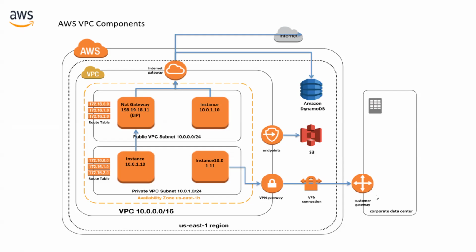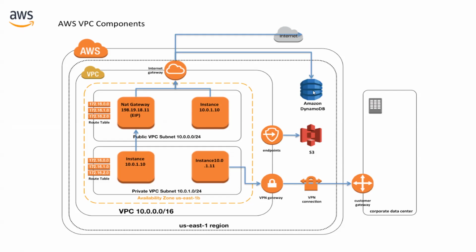There are some services like Amazon DynamoDB or S3. These are global services on AWS. These global services are not connected to any particular VPC; they are in the global infrastructure of AWS itself, like Amazon DynamoDB and Amazon S3.